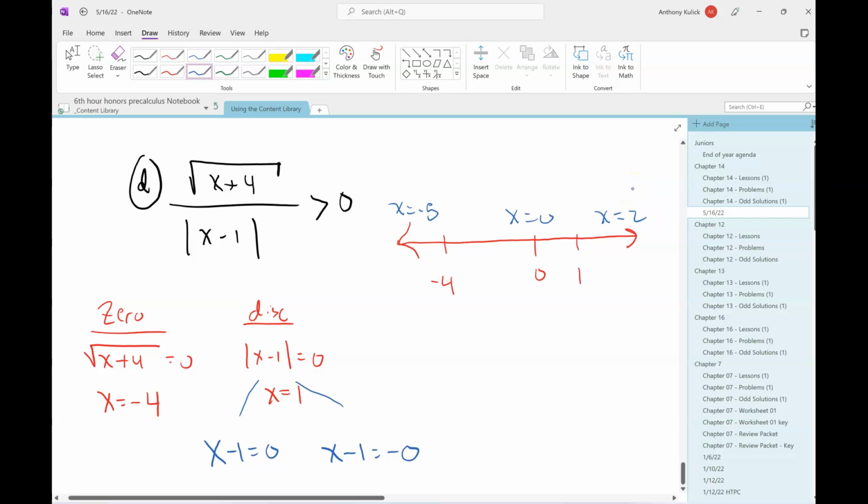If I plug in -5, what do you notice happens in the numerator? You're doing the square root of a negative. What's that mean? Undefined in this case, right? Inequality doesn't work for imaginary or complex numbers.